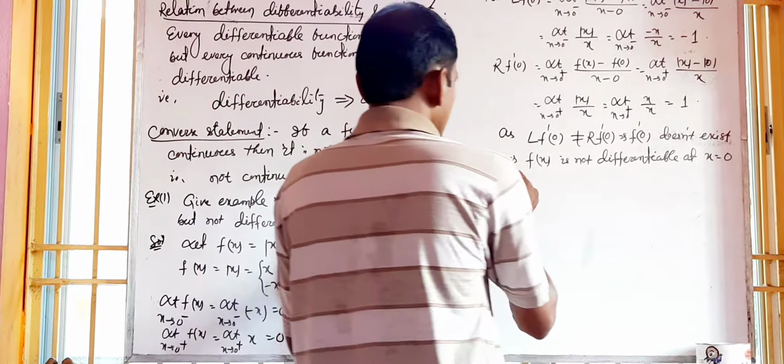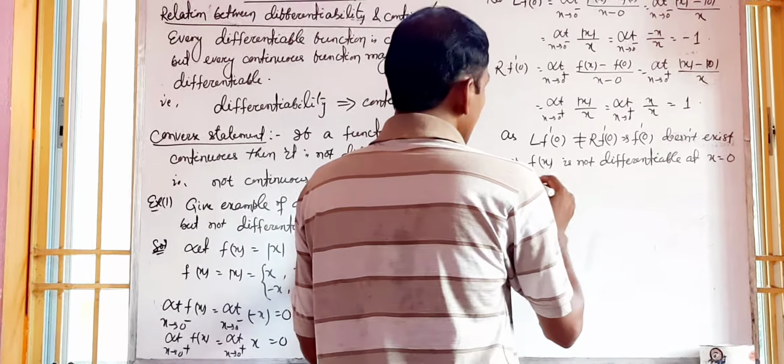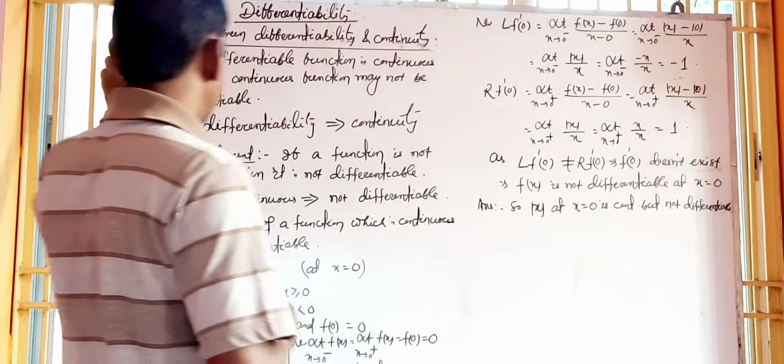So at last your answer will be, mod x at x equal to 0 is continuous but not differentiable. This is the example. Now I will prove the first part, this one.